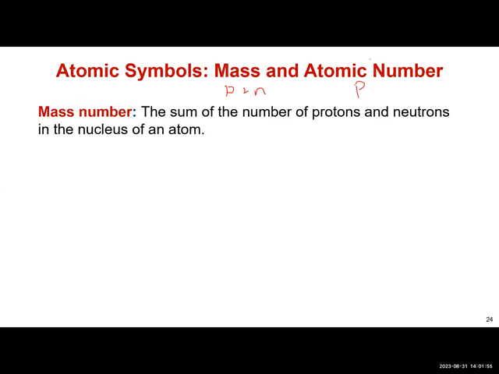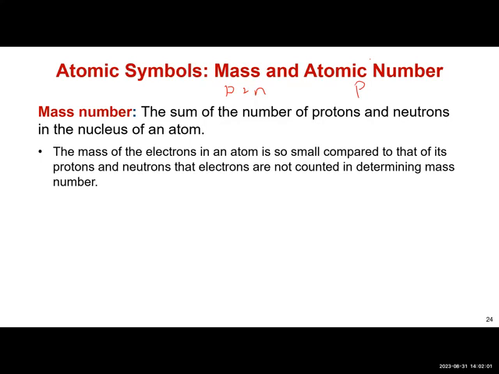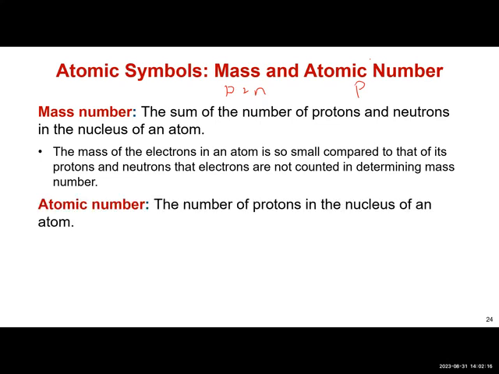Mass number is the sum of the number of protons and neutrons in the nucleus of the atom. The mass of an electron is too small compared to that of the protons and neutrons, and electrons are not counted in determining the mass number. Atomic number is the number of protons in the nucleus.